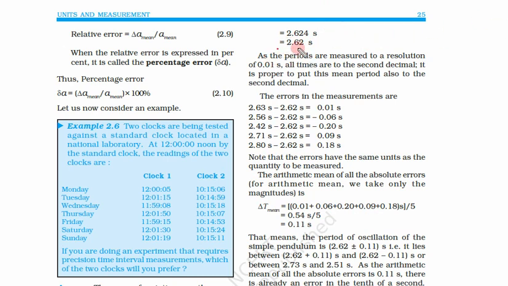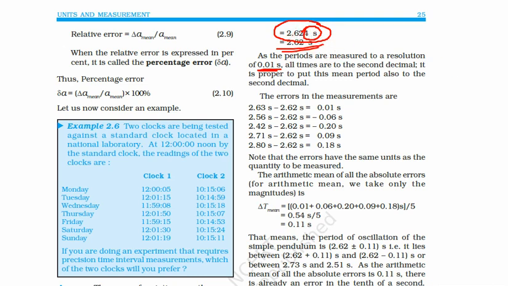Why have we written it as 2.62? Even though in the mean we are getting 2.624, the periods are measured only with a resolution of 0.01 second. Our clock was only accurate up to 0.01 second. So this digit is already uncertain by our clock, so we have to leave this digit.